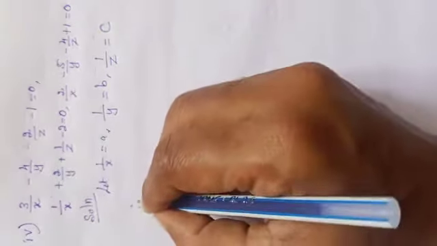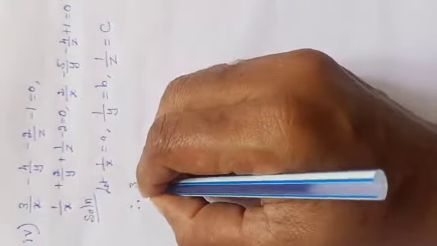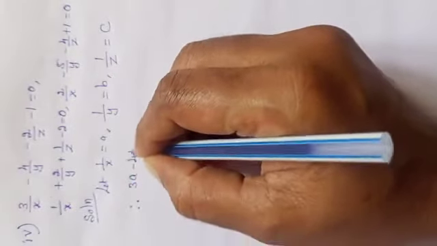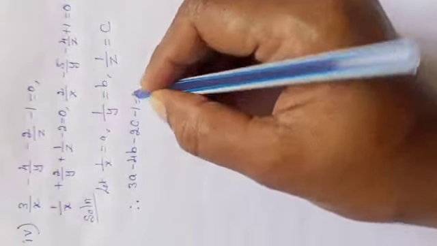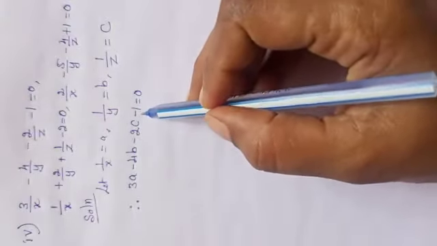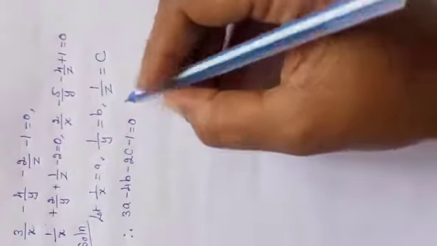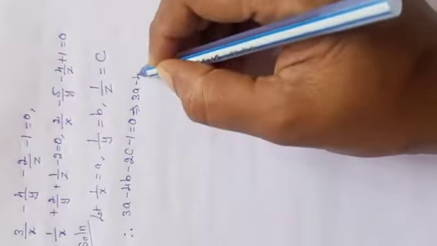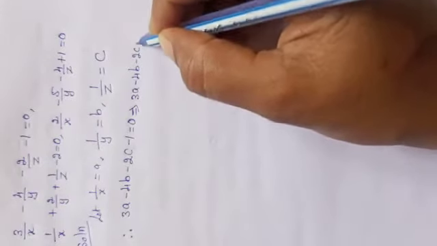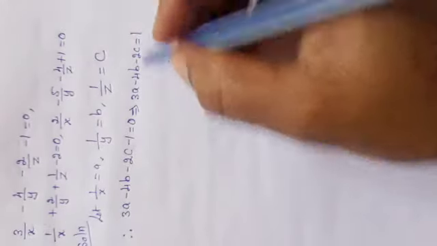Now rearrange the equations, we may get 3a minus 4b minus 2c minus 1 equal to 0. See, constant term is in the left hand side. So shall we take it to right hand side? Which implies 3a minus 4b minus 2c is equal to 1.